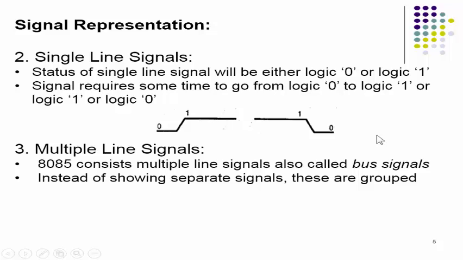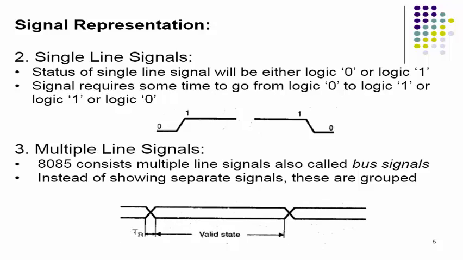In the case of 8085 you will find 16 address lines or address signals and 8 data signals. If we group the data lines, address lines or control signals, the group of signals is known as the bus signals.